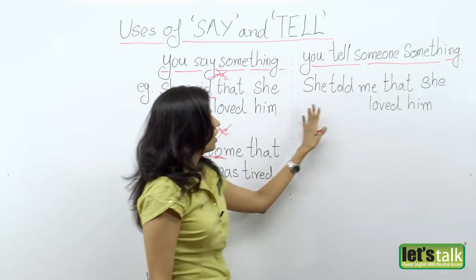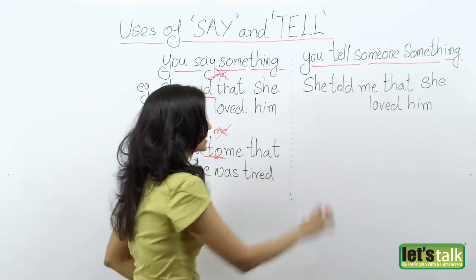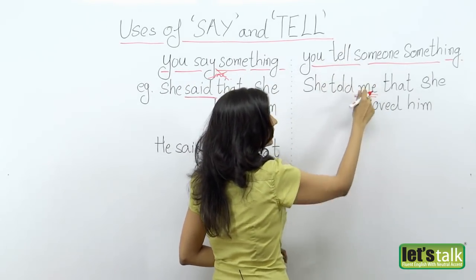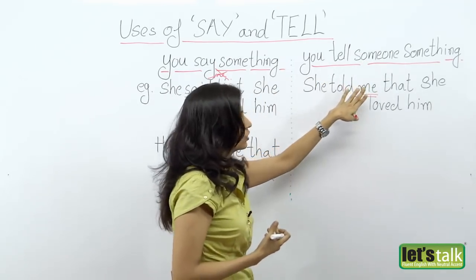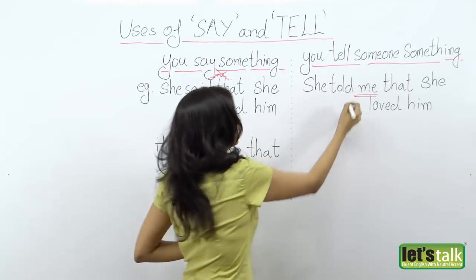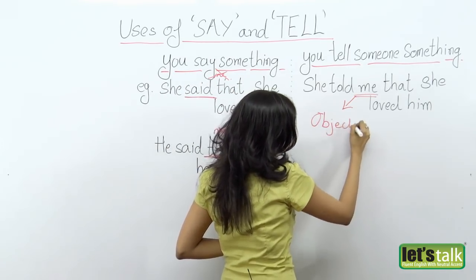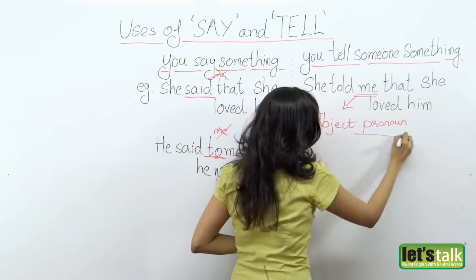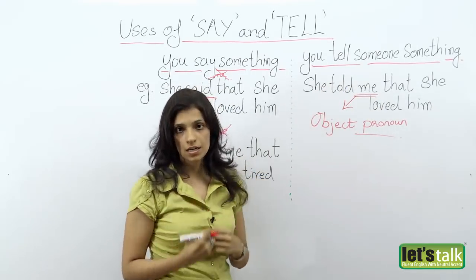When we use tell, you tell someone something. So in my example here, she told me. Now this is an object pronoun, like she told her or she told him or they told us.